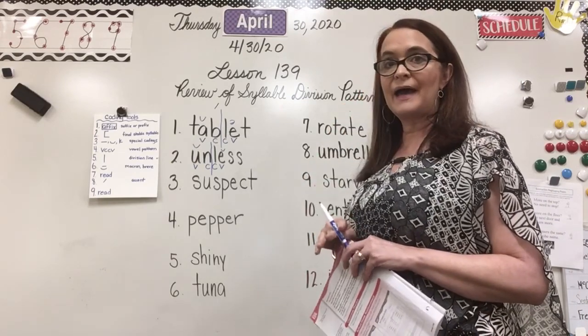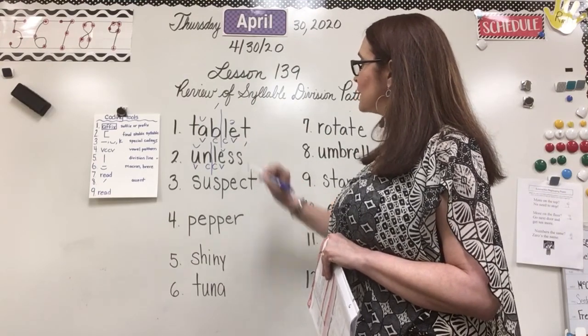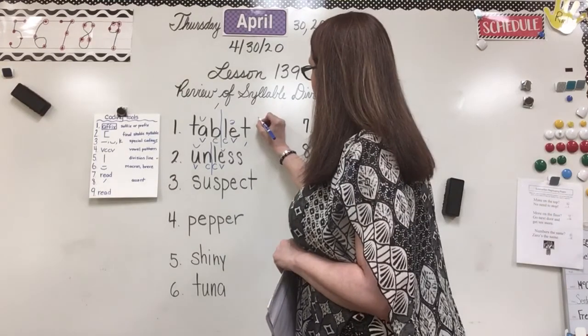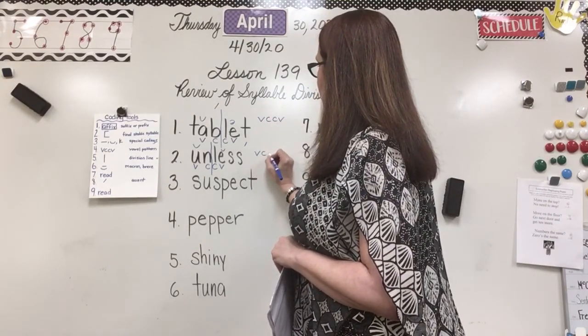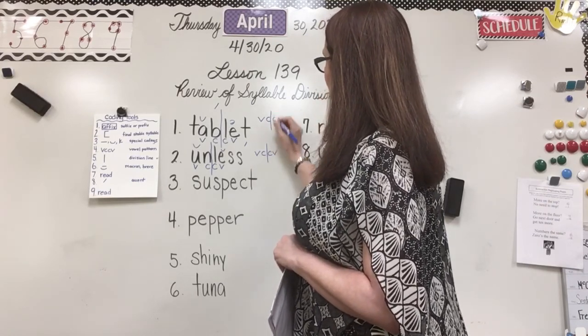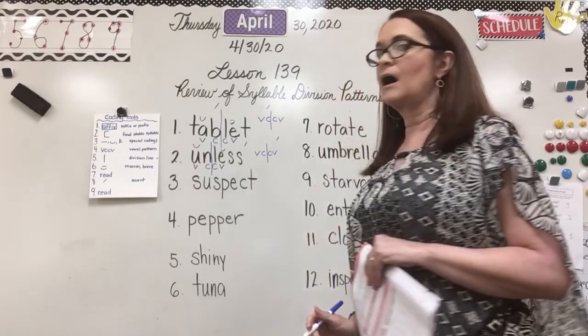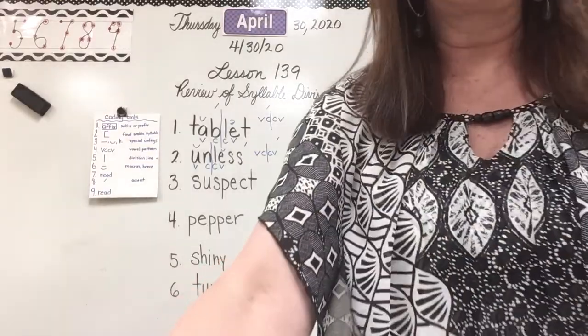Where is my accent mark, Abby? Yes, this time it is on the second syllable. So you see, boys and girls, we had a VCCV and a VCCV. They were both divided in the same place, but accent mark first syllable, accent mark on the second syllable. Very nice. Good job, Abby.